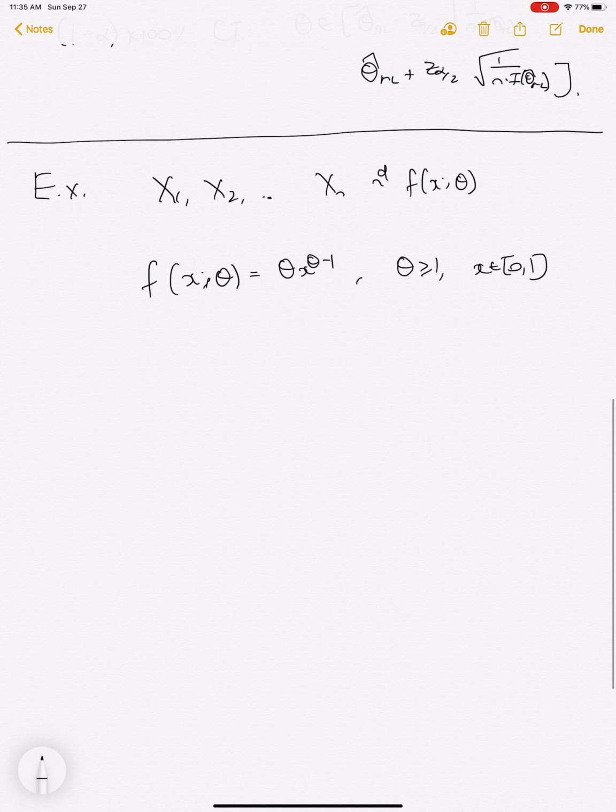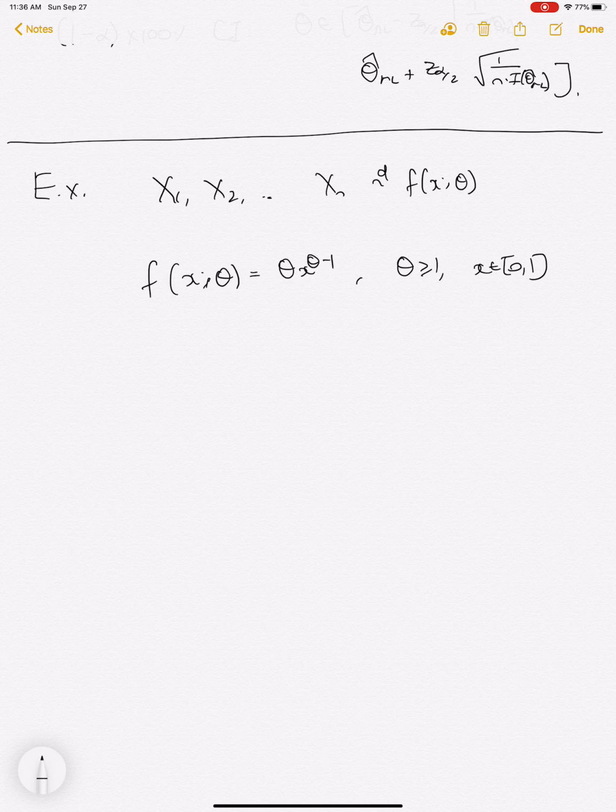Okay. So remember that we defined this PDF, which is indexed by this parameter theta, and it has this form theta x to the theta minus 1, where theta is bigger than or equal to 1, and x is between 0 and 1.